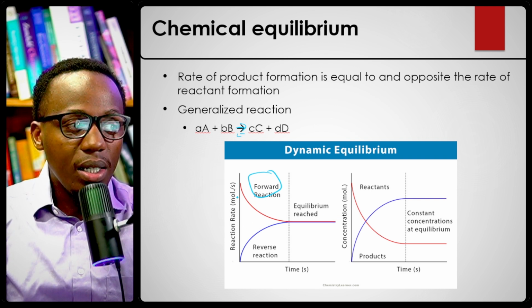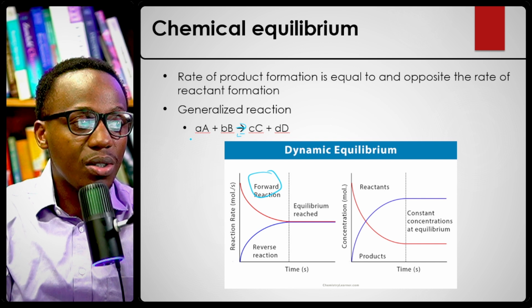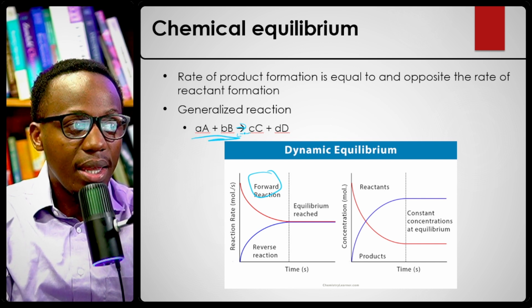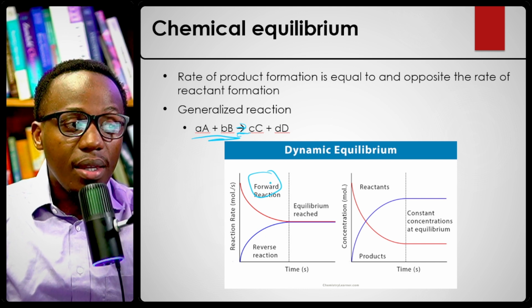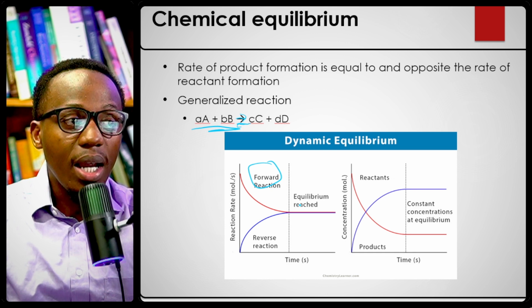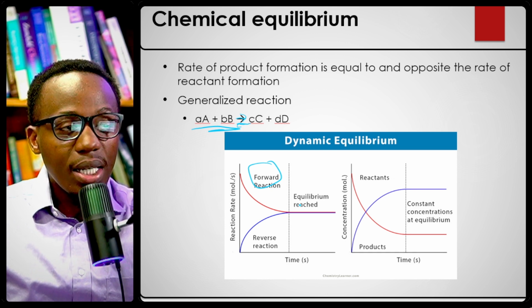And then the speed of the appearance of the products goes this way. Not the product, the appearance of the reactants. So the reverse reaction. So you have the reverse reaction and then the forward reaction. They will get to a point where these rates, these speeds are equal. That's when you reach the chemical equilibrium, right?